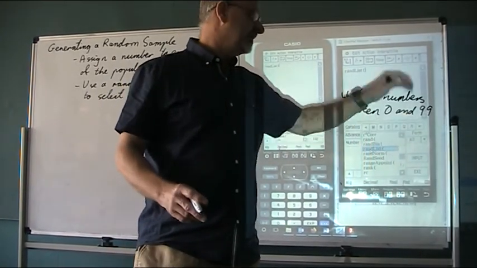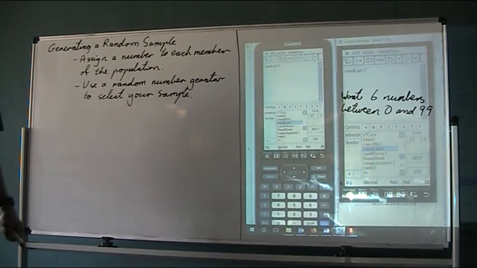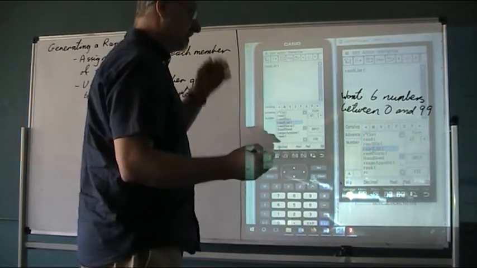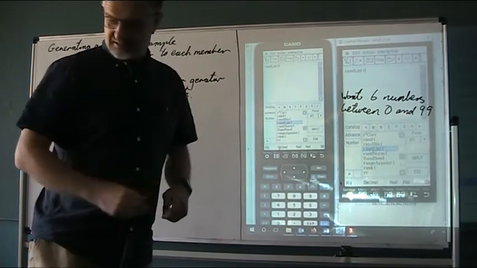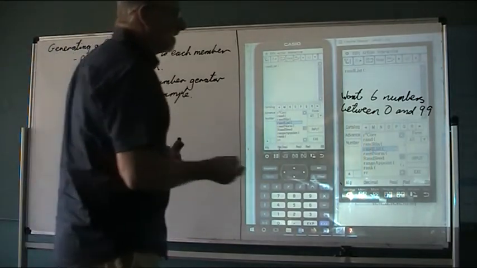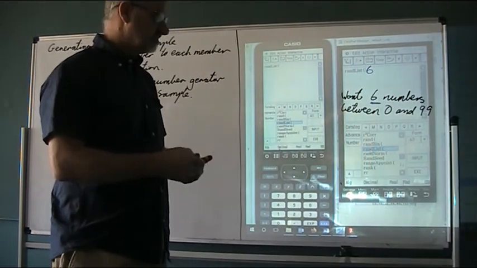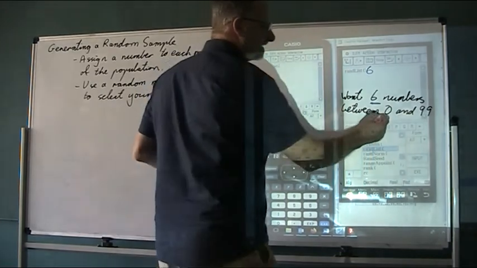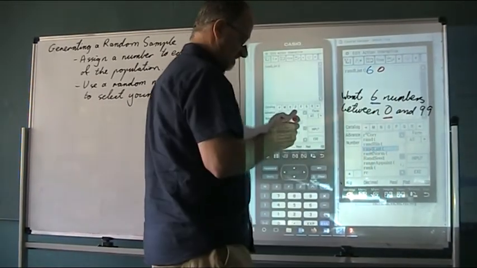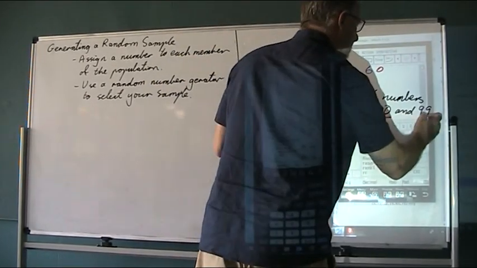Let's say this is 100 people from 0 to 99, and I just want 6 of those. First of all, we need to tell the calculator how many numbers we want. We want 6, so the number 6 goes first. The numbers start at 0 and end at 99.